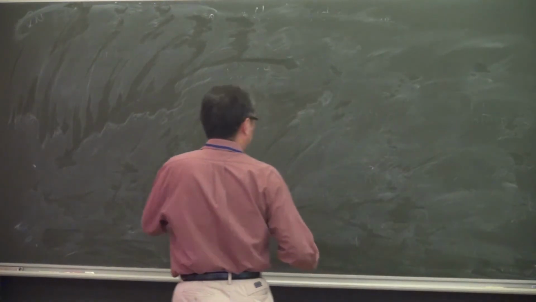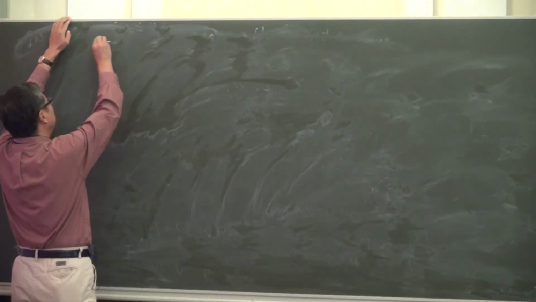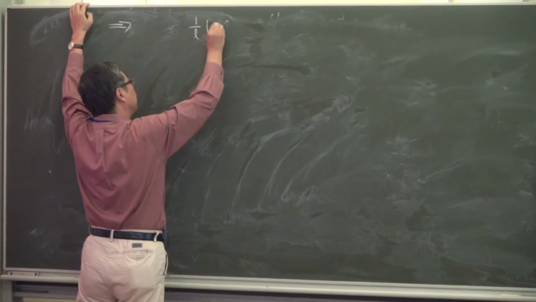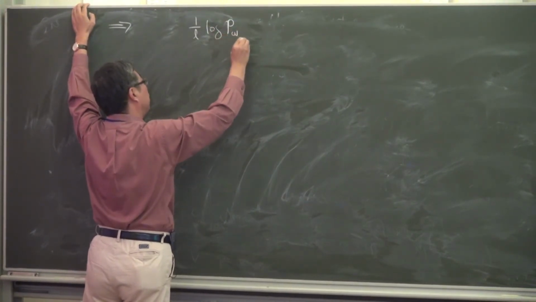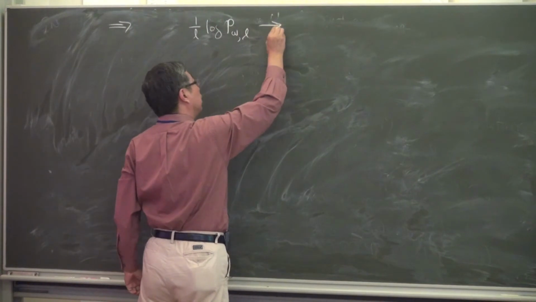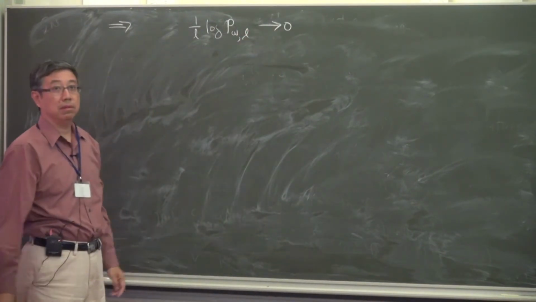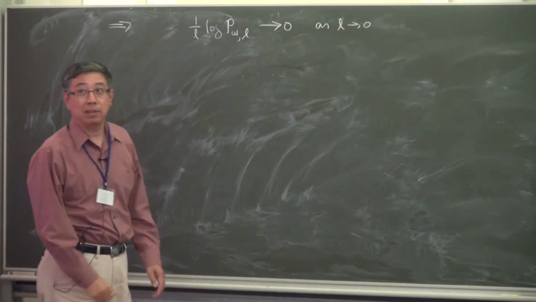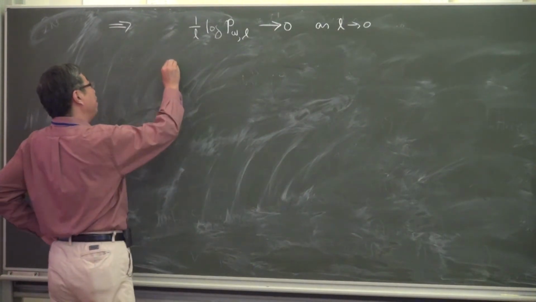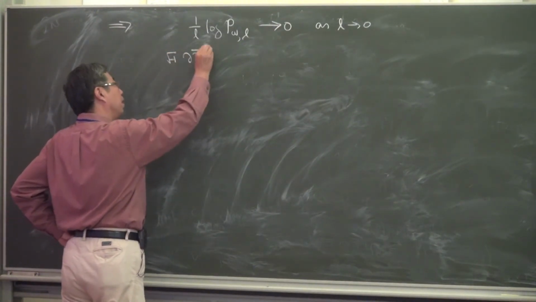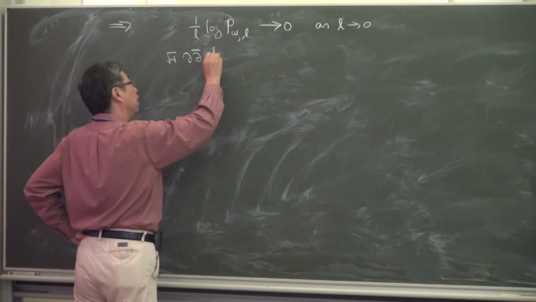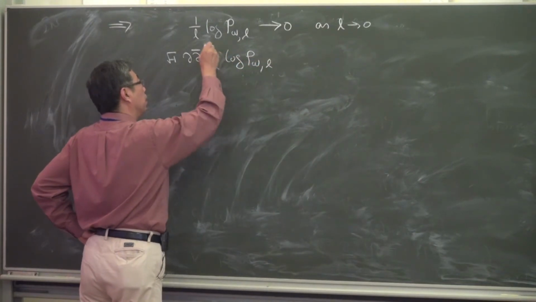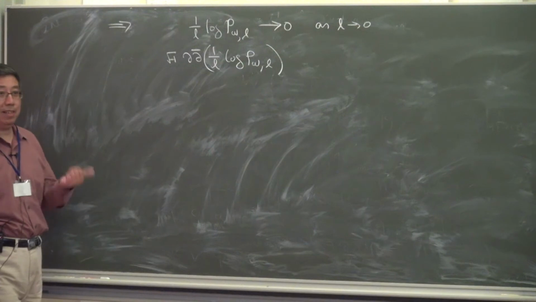So then in particular that implies 1 over L log of rho_L converges to 0 as L goes to infinity. It's much weaker than that. Now if you compute over this, what does that tell you?